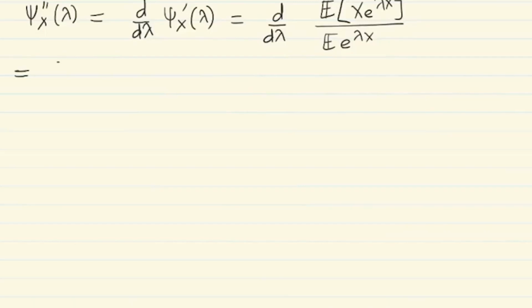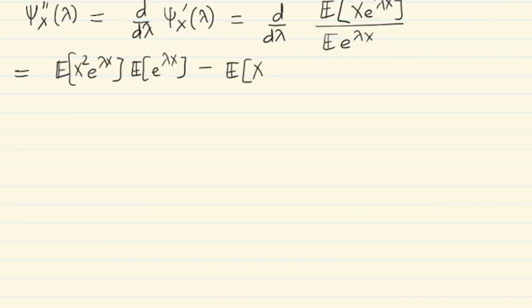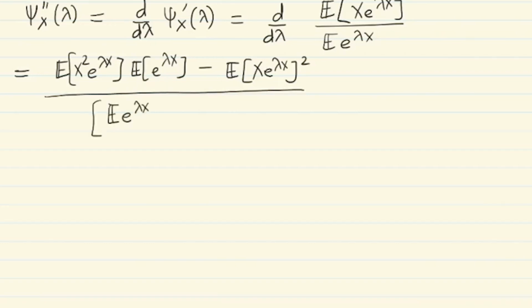In the numerator you will have expected value of X square e to the lambda X times expected value of e to the lambda X, minus (expected value of X e to the lambda X) the whole square, and in the denominator you will just have the original denominator the whole square, (expected value of e to the lambda X) the whole square.